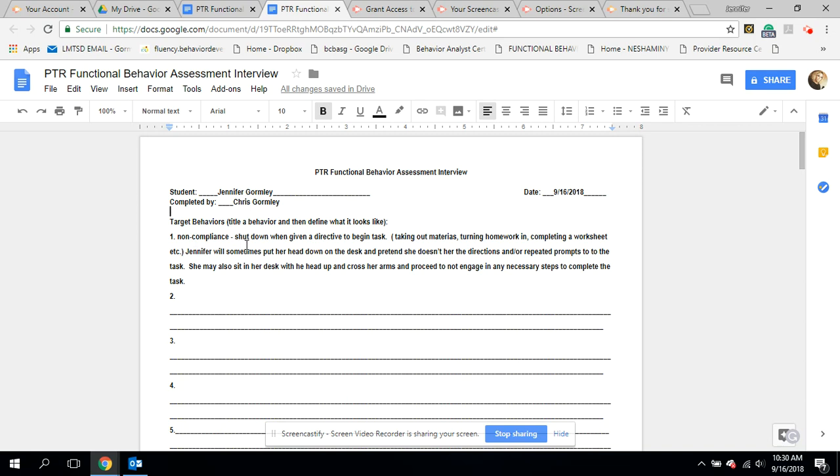And then I defined it as shutdown when given a directive to begin task, taking out materials, turning homework in, completing a worksheet, etc. Jennifer will sometimes put her head down on the desk and pretend she doesn't hear the directions and or repeated prompts to do the task. She may also sit in her desk with her head up and cross her arms and proceed not to engage in the necessary steps to complete the task. Okay, so there we have our very first behavior listed.